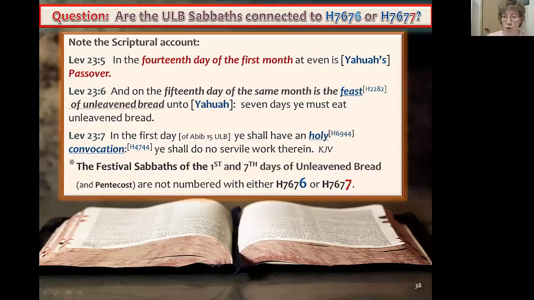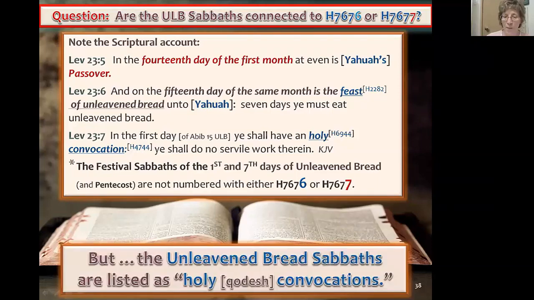Because I was taught that the Feast of Unleavened Bread is a Shabbaton. The Feast of Unleavened Bread is a 7677, and I couldn't find it anywhere. The Unleavened Bread Sabbaths are listed as holy convocations or Kodesh convocations. Yes, indeed, they are, but they don't have the number 7677.